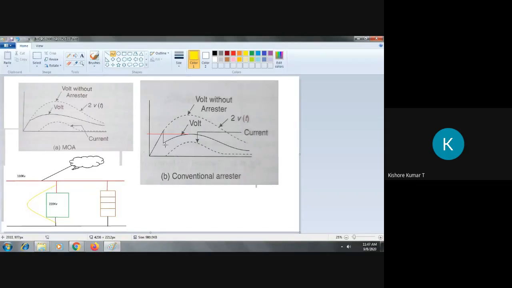So lightning arrestor ని పెట్టాం కాబట్టి, what is happening here, the voltage level is brought down to the normal value, but here if you observe there is rise in potential more than the withstandable value for some time period.